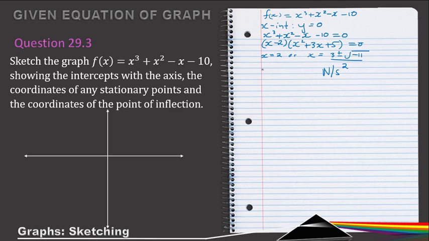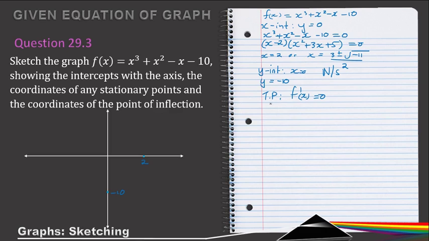So for my y-intercept, I will set x equal to 0, and then we get y equals -10. Alright, so plotting these, we have our 2 over here, and then we have our y-intercept, which is at -10. Alright, now for our turning points. For turning points, we set the first derivative equal to 0.